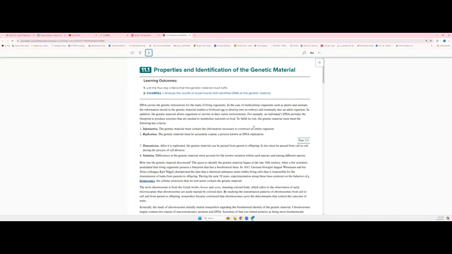So which means DNA must have several key criteria. It has to contain information, right? The genetic material must contain the information necessary to construct an entire organism. The genetic material can be accurately copied, a process called DNA replication, and it can also be transmitted, right?